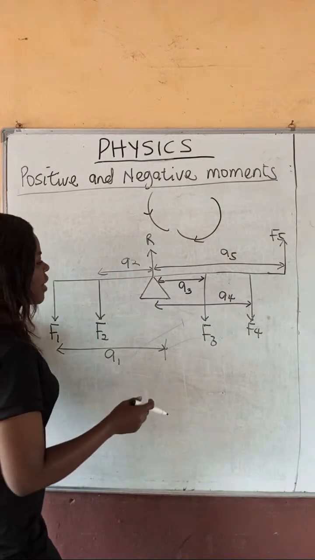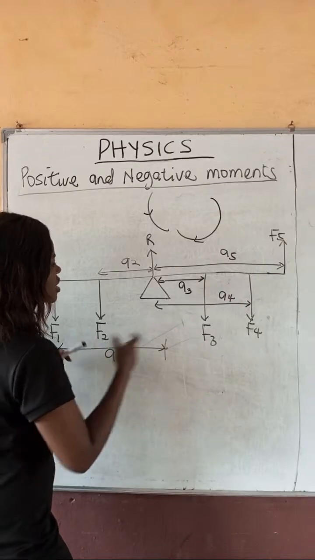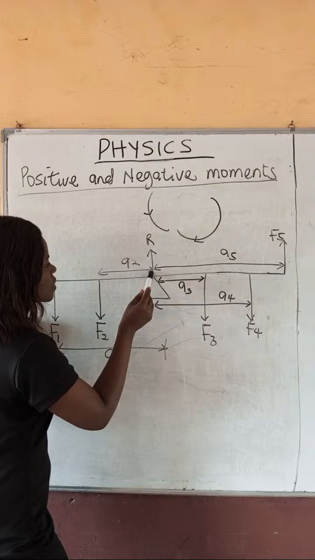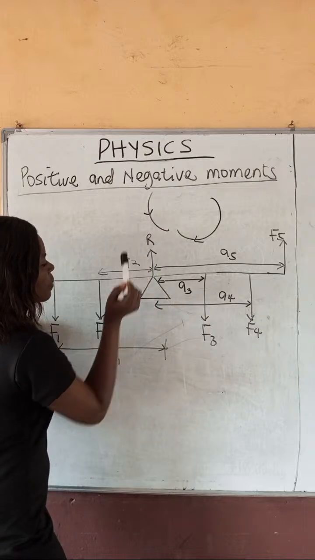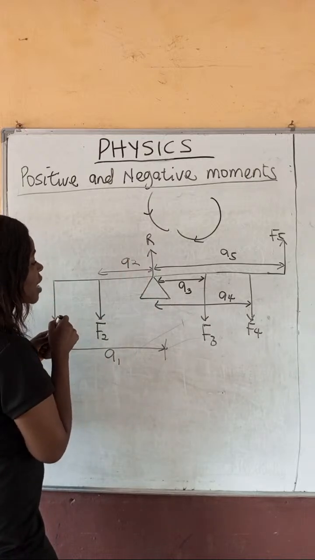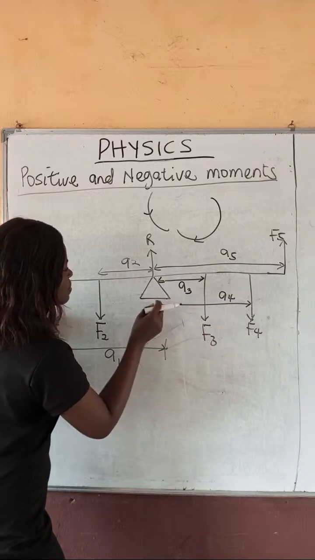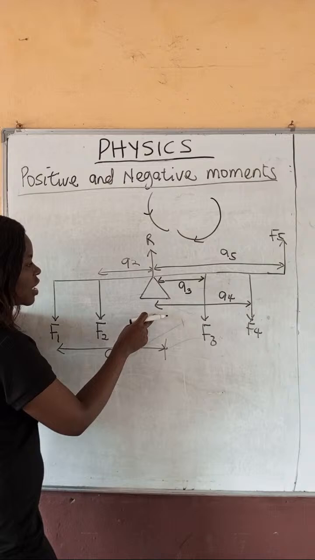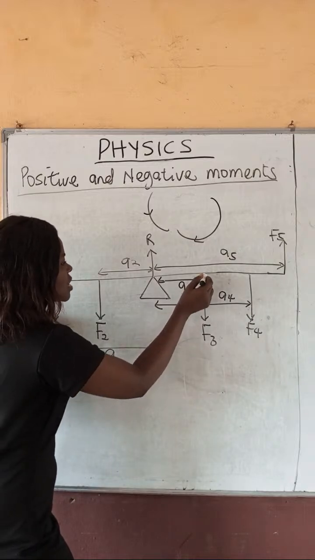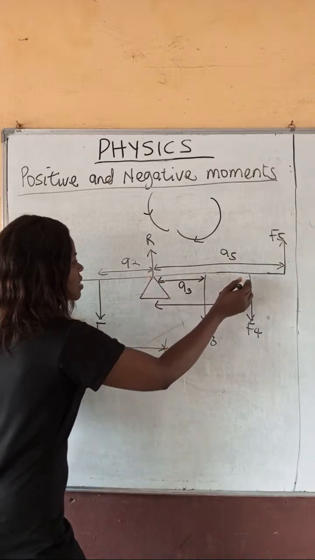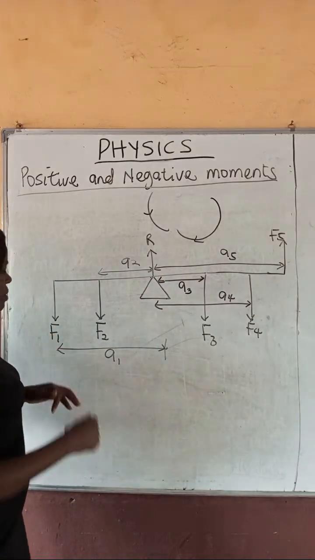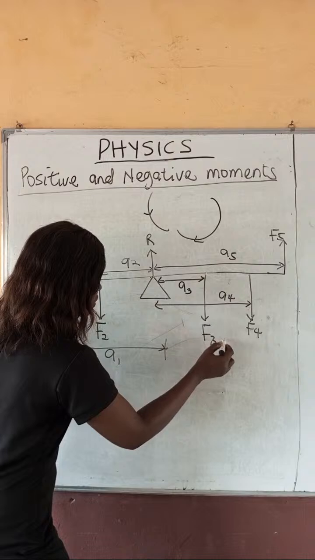So going this direction, F3 is clockwise with respect to this pivot. This is the reaction of the weight acting up. F3 is clockwise moment. F4 is clockwise moment. Okay? So we are resolving it. The distance is from here to here, while the distance of this is from here to here. Do we understand? Okay.